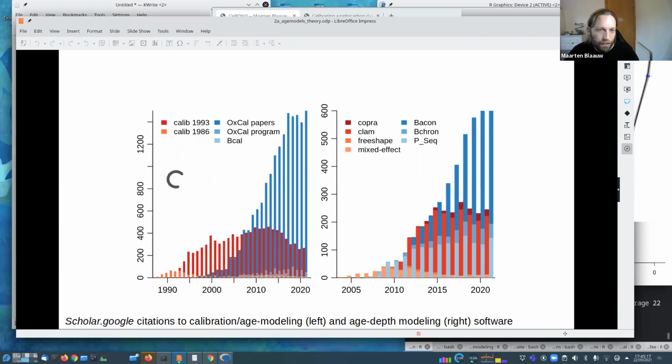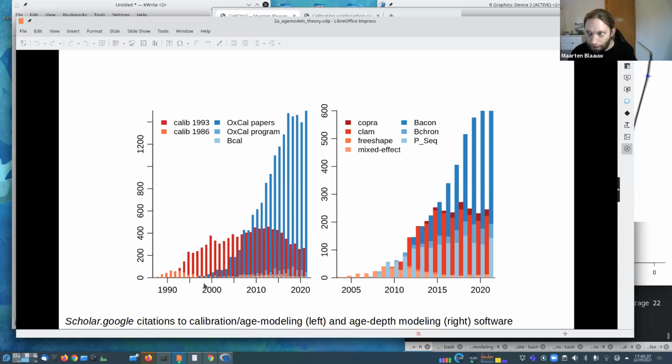So this is really the start of calibration, more or less. It became quite popular around the year 2000, with around 400 citations per year. Since around 2010, it has become a bit less popular.